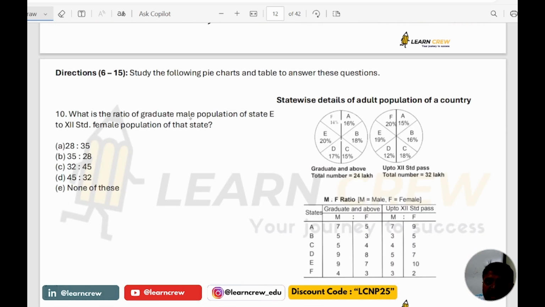What is the ratio of graduate male population of state E? Graduate male population of state E is 9 by 16. 9 by 16 of 14 percentage of 24 lakhs.